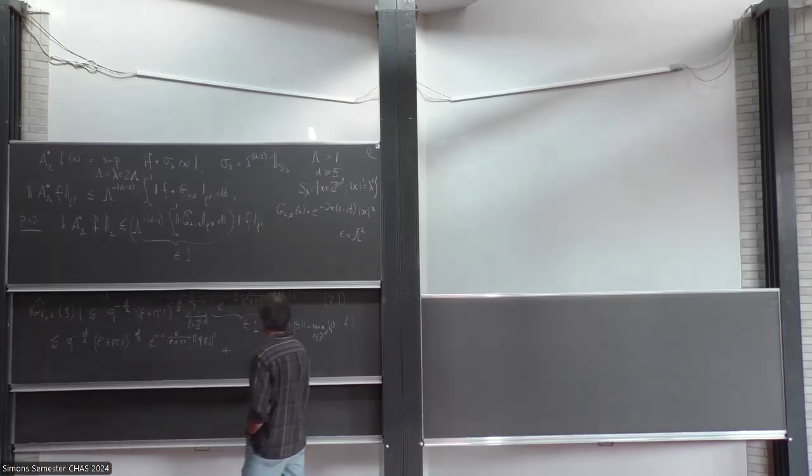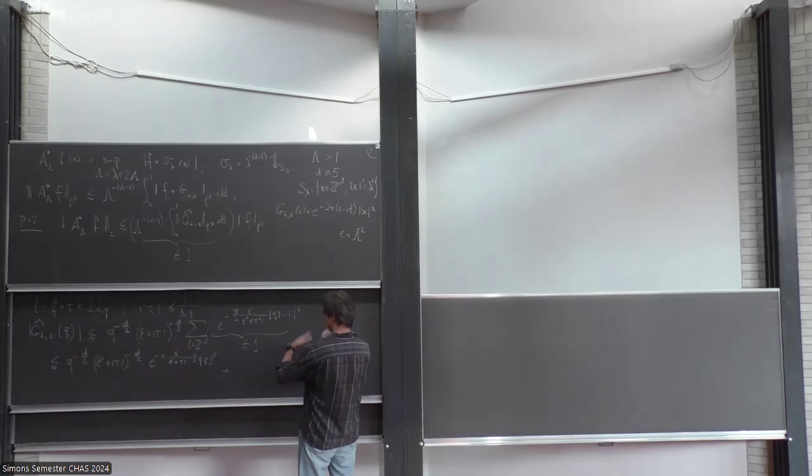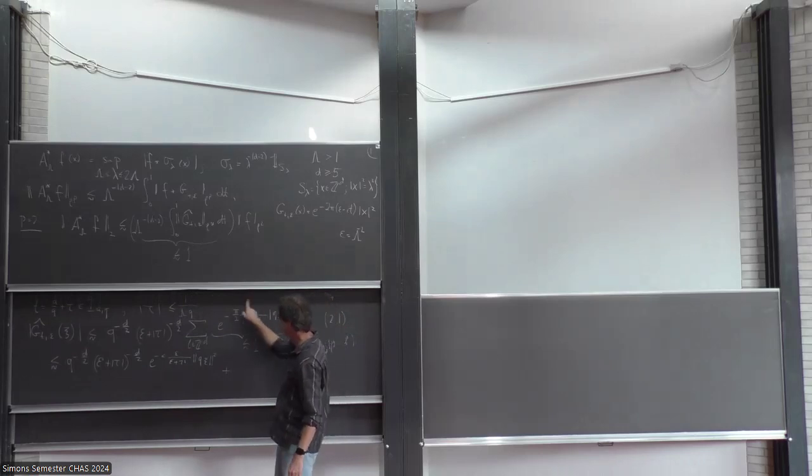Now, if you sum the rest of the terms, every other term here is bigger than a constant. So if you sum that, then the main term will dominate. So then basically you have just this term for the rest of the sum.